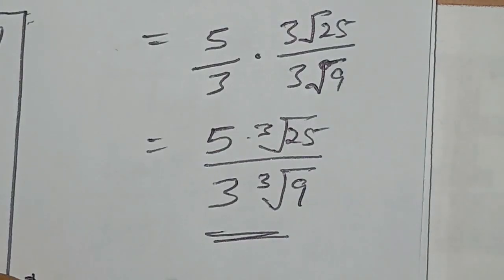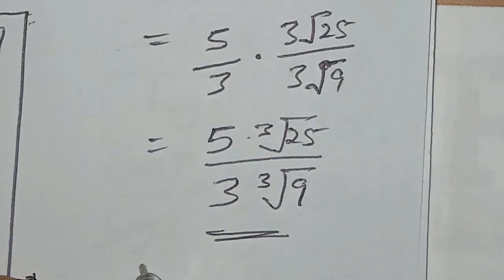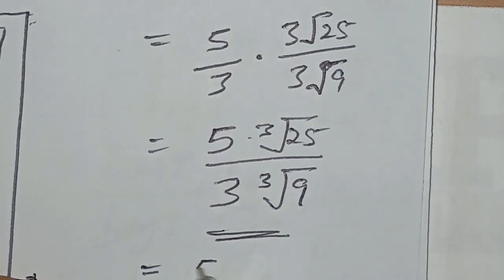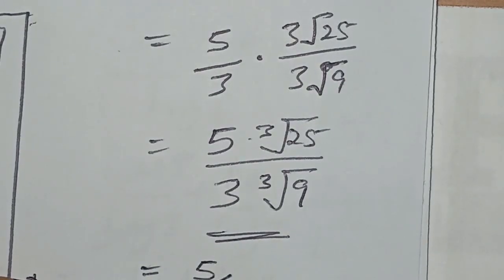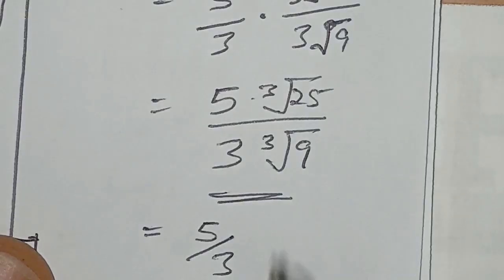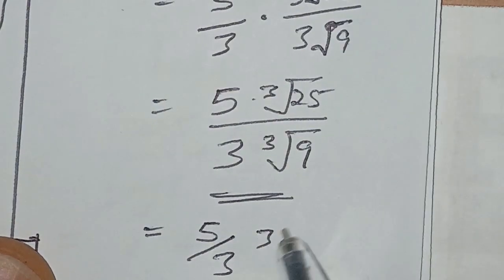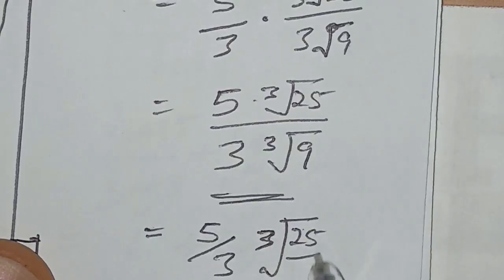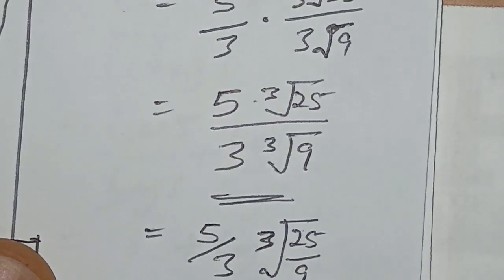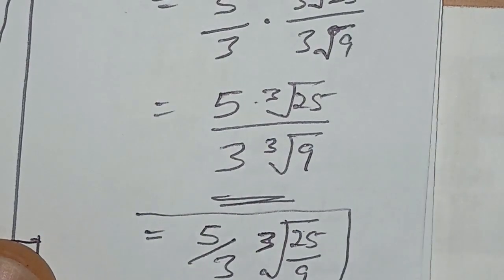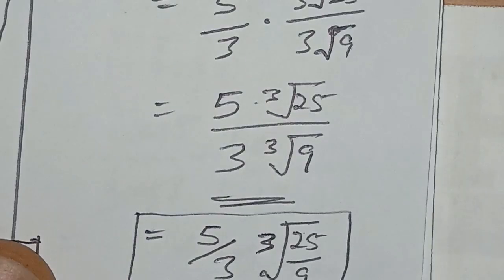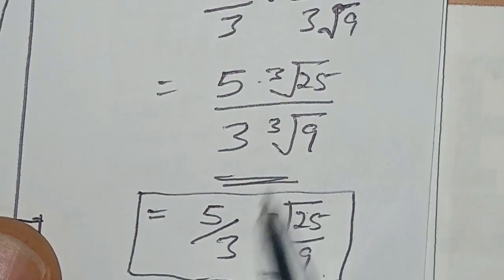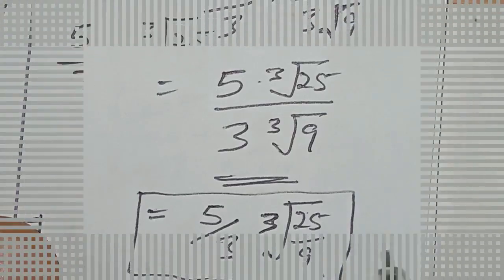If you wish, you can go ahead and still further put it as 5 over 3, then the cube root of 25 over 9. You can still express your answer this way. Both are the same and are the final simplification.